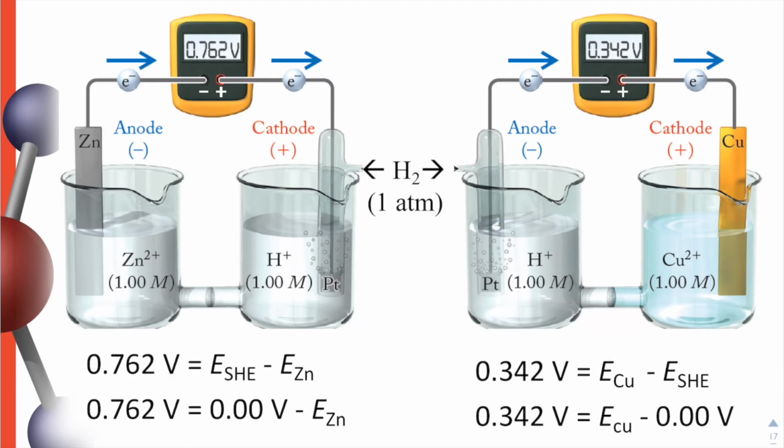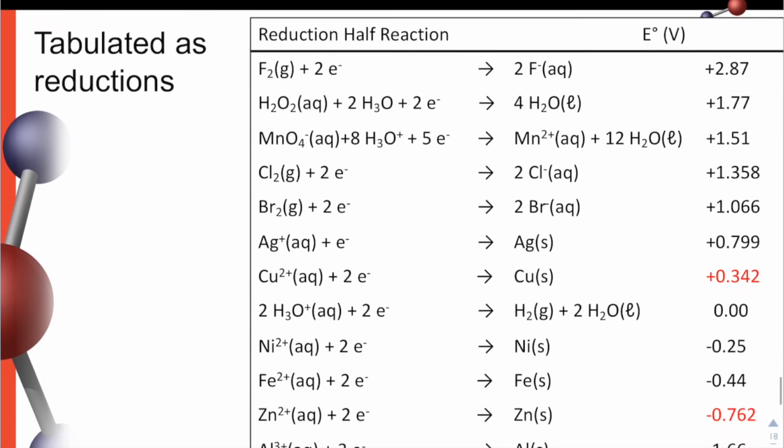So in this case, no, actually you get the negative value. You see the difference here. E of the zinc is going to be actually negative here, and the E of the copper is going to be positive. Let's just jump to this and show you because it's getting confusing.